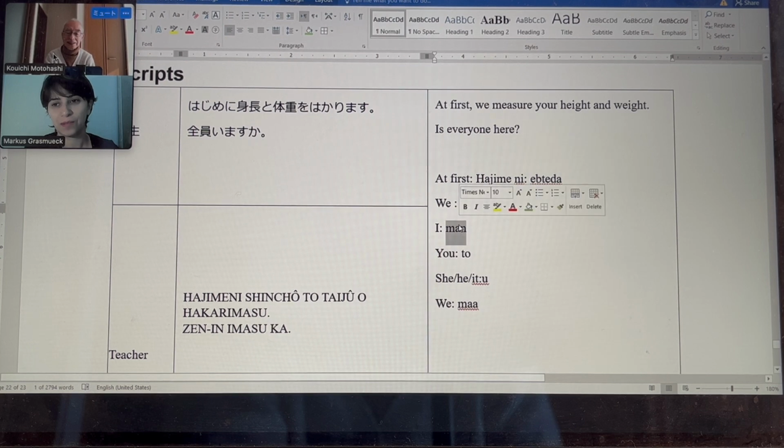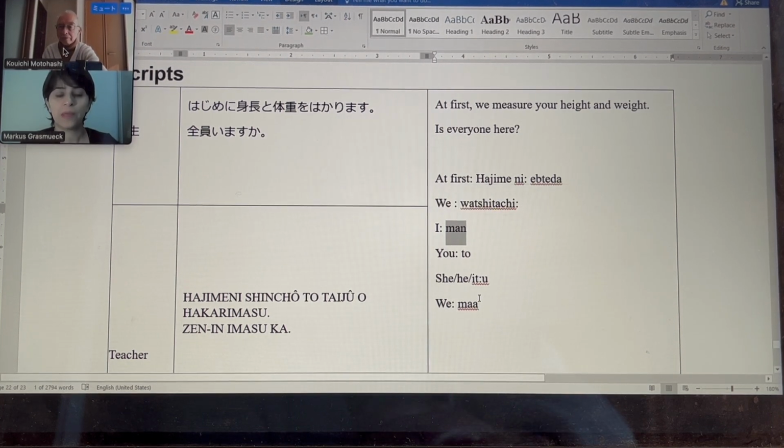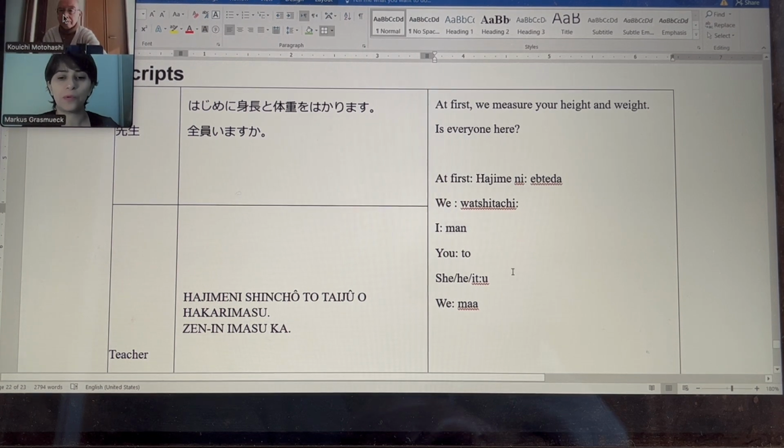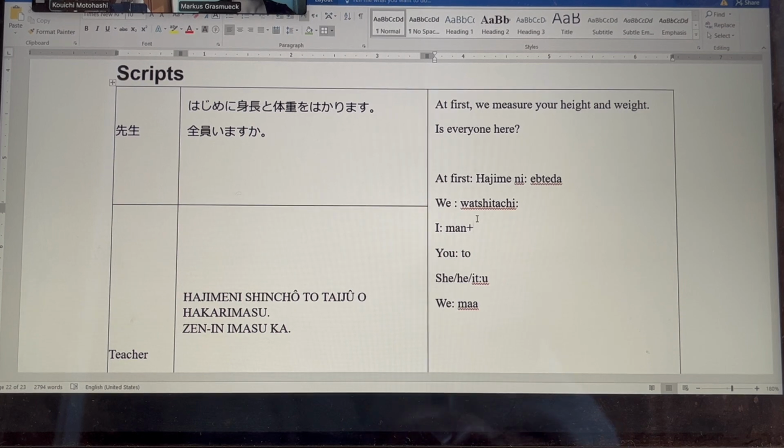So it's like the first person singular, similar to the first person plural. The plural sign is ha.